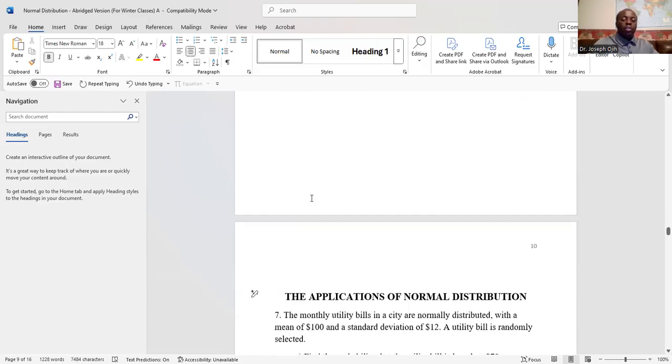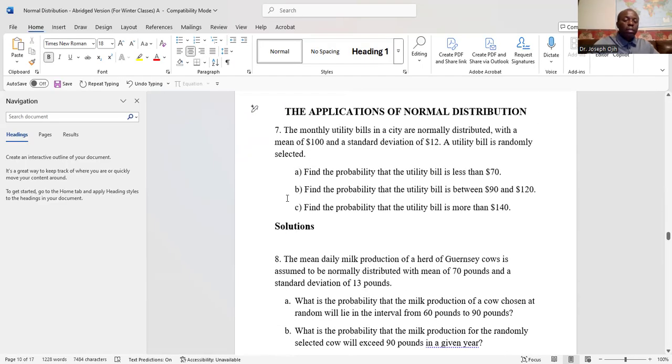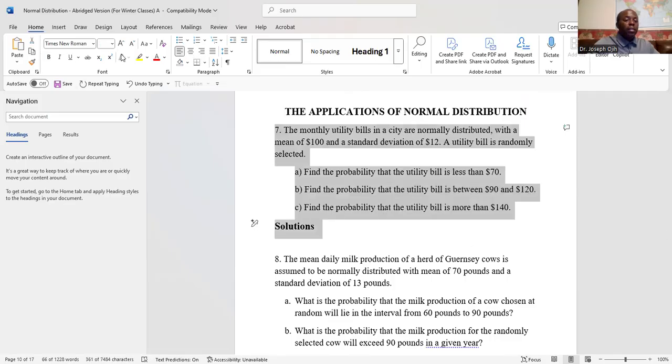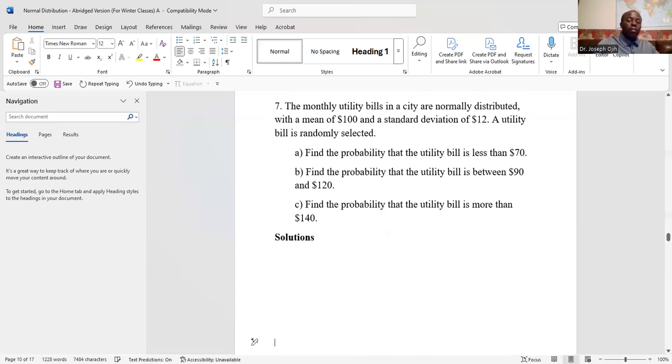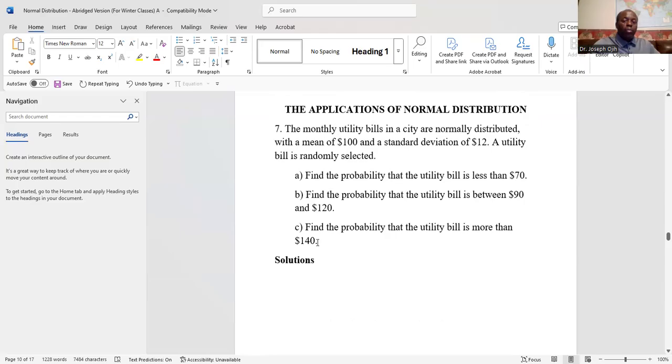The application of the normal distribution. Okay. Let me make this a little bit bigger than it is. Make it 18. Okay. It says here that the monthly utility bill in a city is normally distributed with a mean of $100 and a standard deviation of $12.